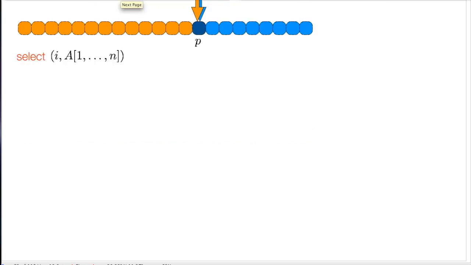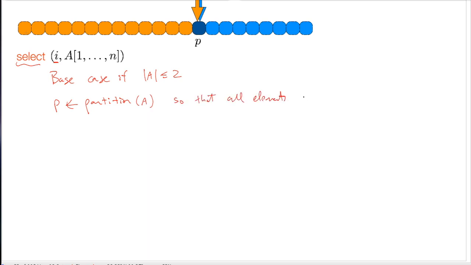And here's what we do. If I want to select the ith order, we handle the base case if n is less than or equal to 2. Then we partition, and P is going to be the index.